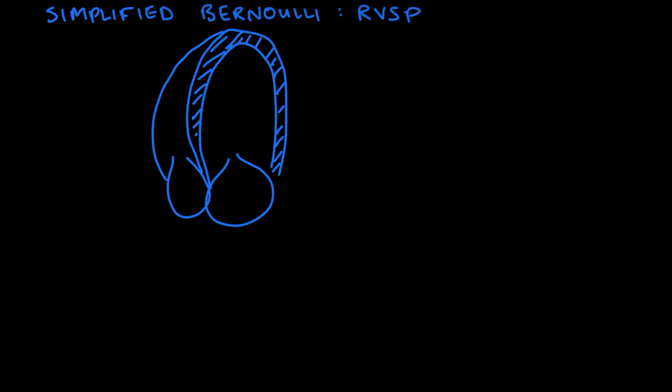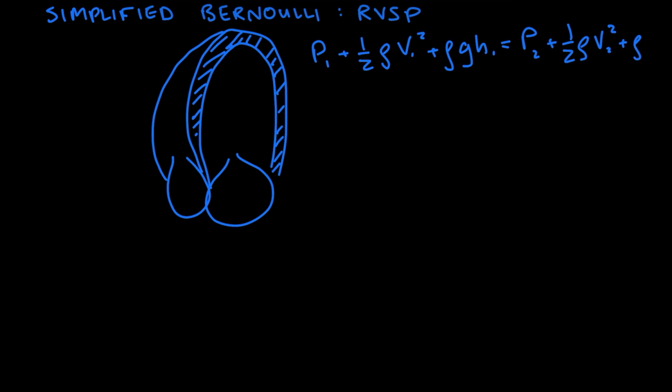The Bernoulli equation says that if you have your pressure at a first point plus 1/2 times the density of your fluid, that'll be blood, times the velocity at that point squared, plus the density of blood times the gravitational constant times the height at that point, that is equal to all the same values at a second point, namely the pressure plus 1/2 times the density of blood times the velocity at the second point squared, plus the density of blood times the gravitational constant times the height at that second point.